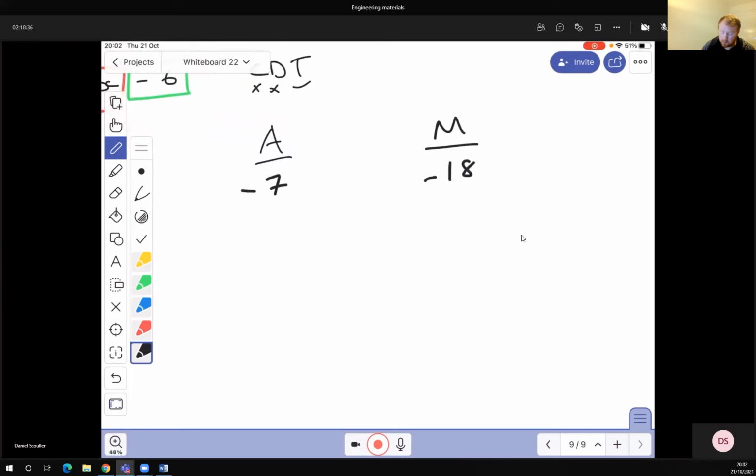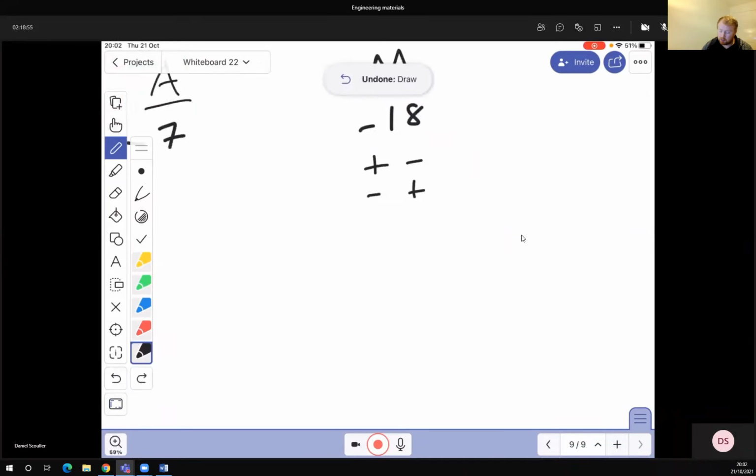So A times C, same so far. Then, instead of writing out every single sum, to make a negative, you multiply a positive and a negative, or a negative and a positive. Then we look at the factors of 18.